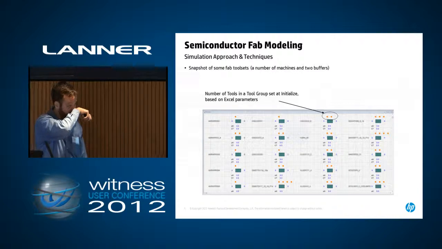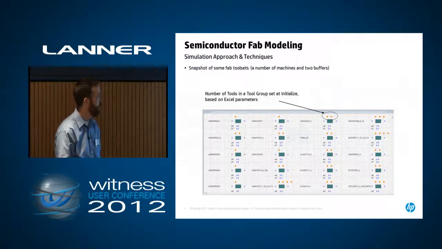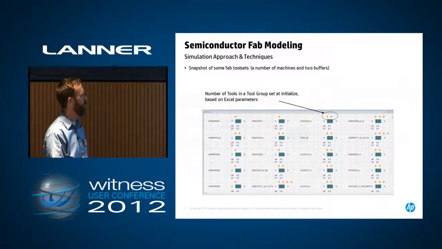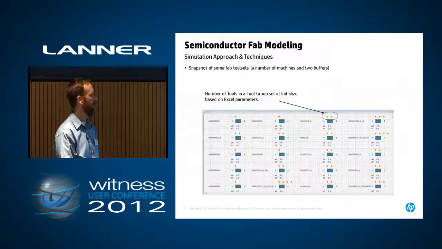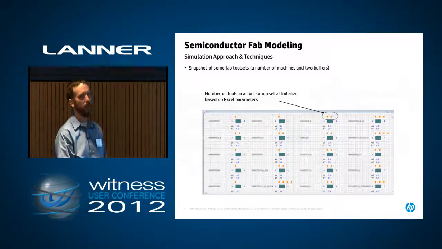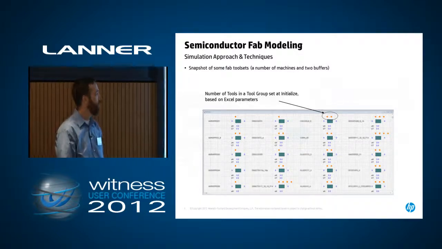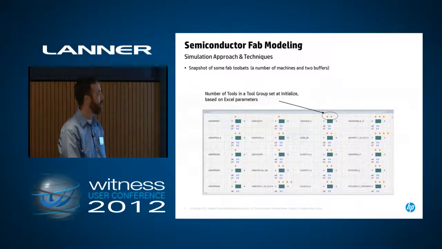So here's a little bit of a closer look at some of the tools. Each tool group has a standard structure here. So it's got an input buffer. This is the machine, which represents the tool group, and then a number of tools in each tool group. And then an output buffer in case it's going to the next functional move and it needs to store a lot there or something temporarily.